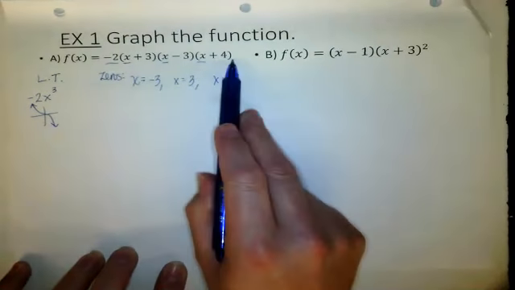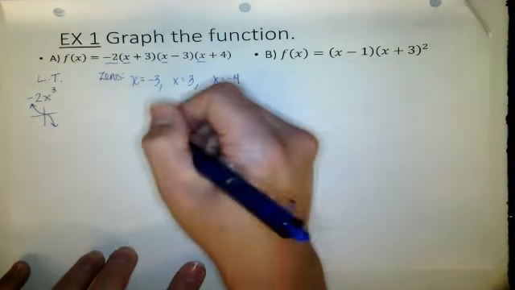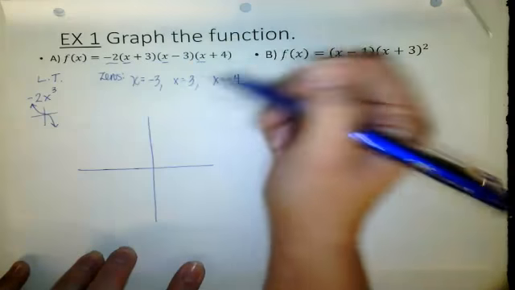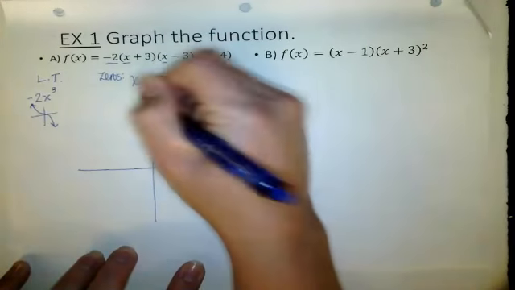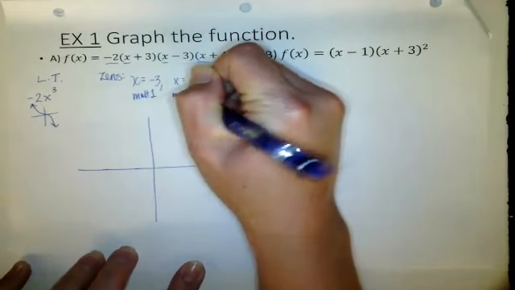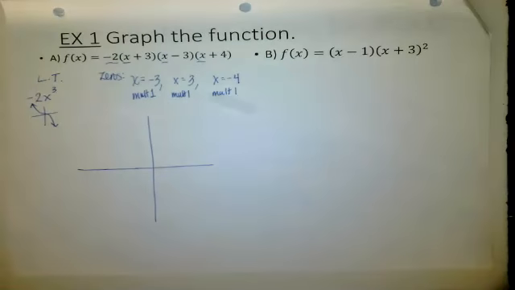And none of those are repeated, which means they all have what's called multiplicity 1. We'll talk about that. Multiplicity 1 just means that our graph is going to pass straight through, like a linear function, like a line. It passes straight through that zero.